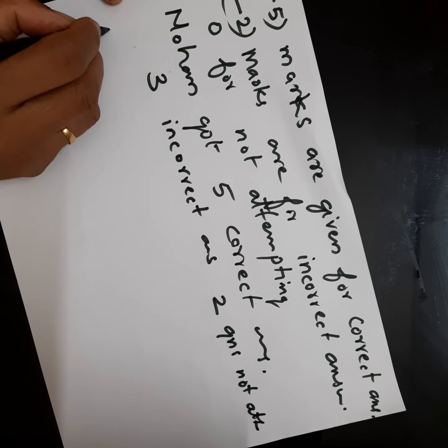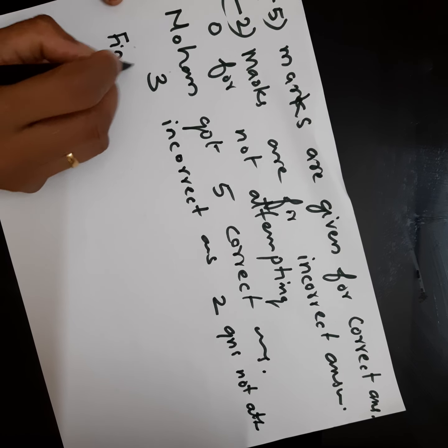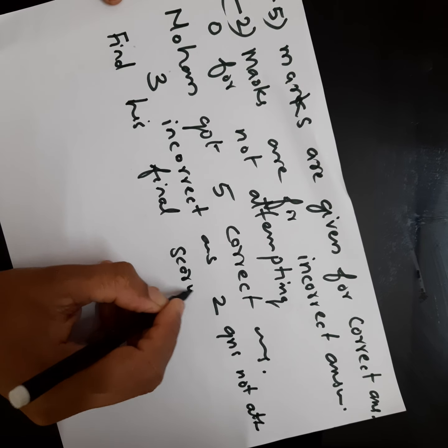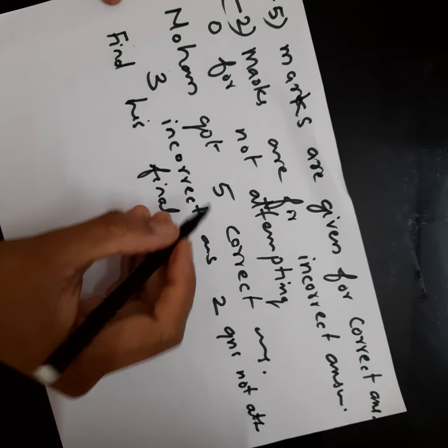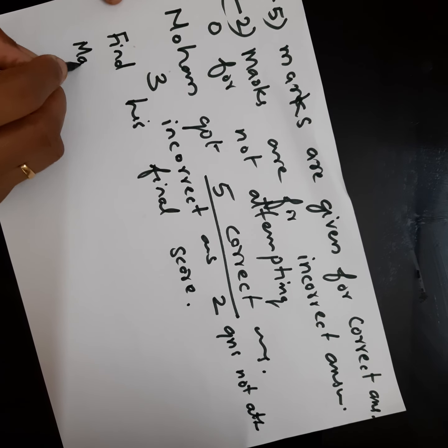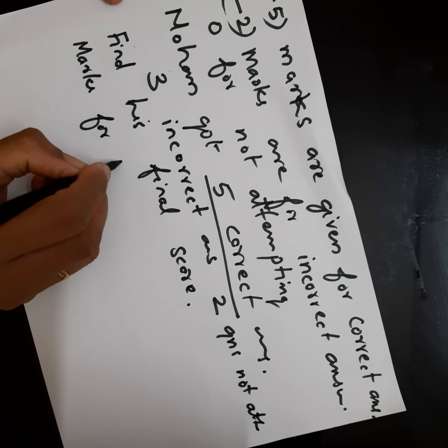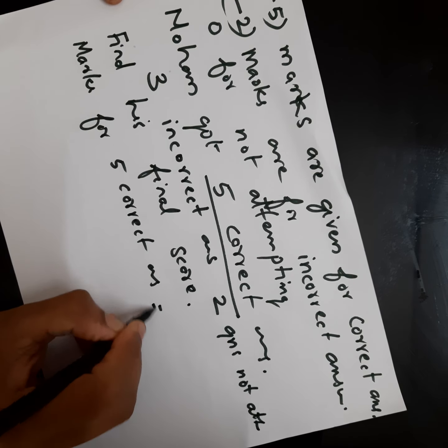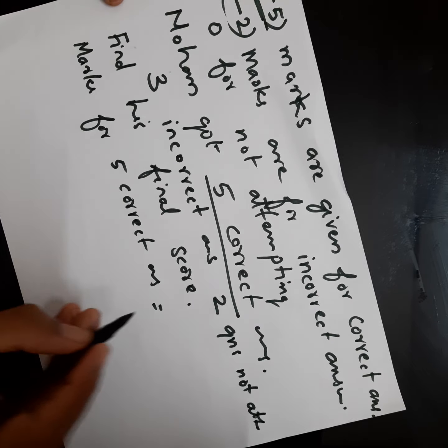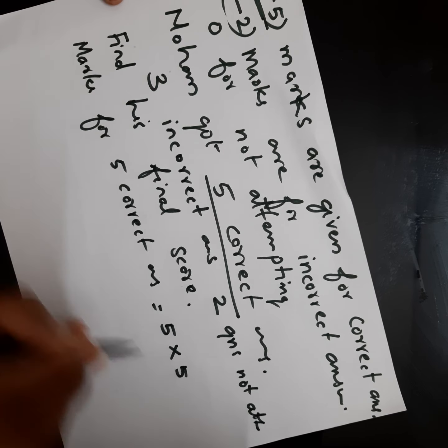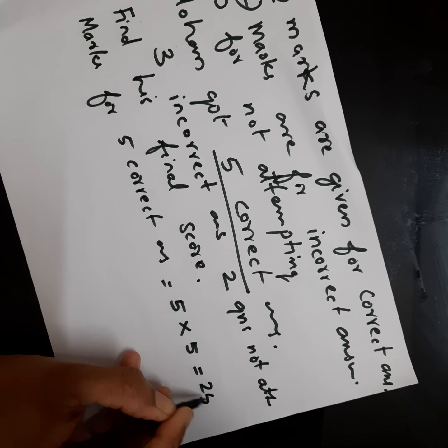Find his final score. So how many answers are correct? 5 correct answers. For 1 correct answer, plus 5. So for 5 correct answers we can write 5 into 5, which is 25.